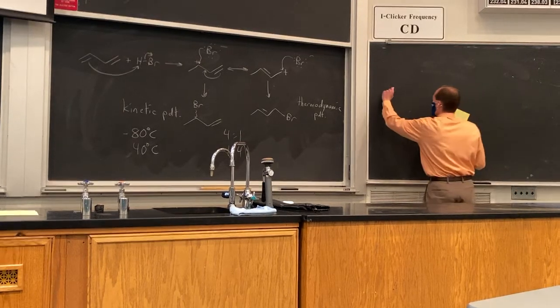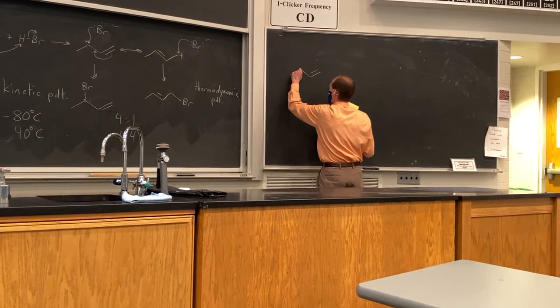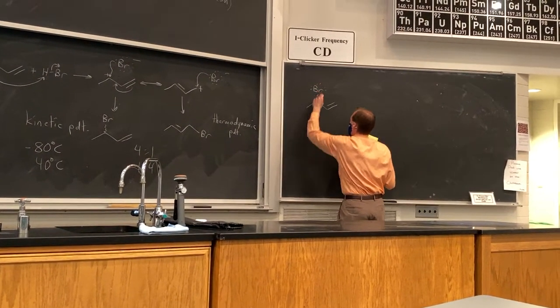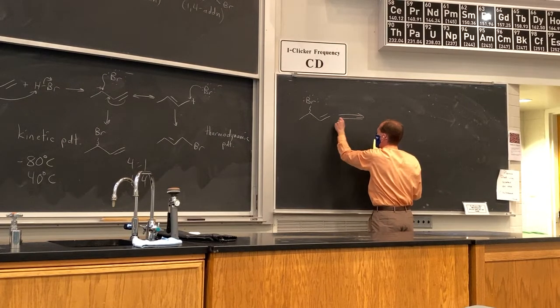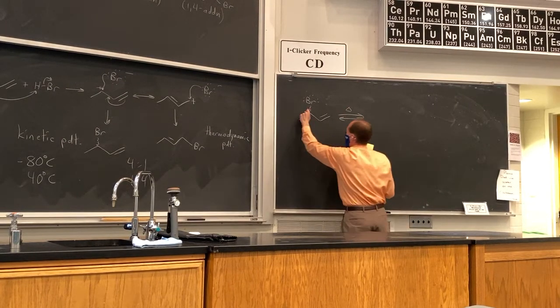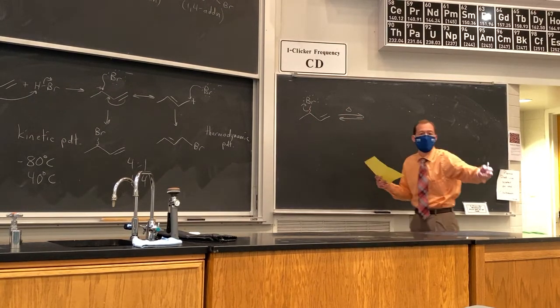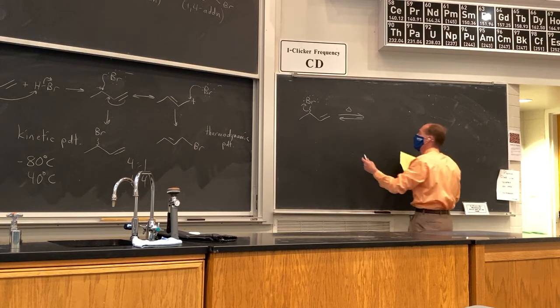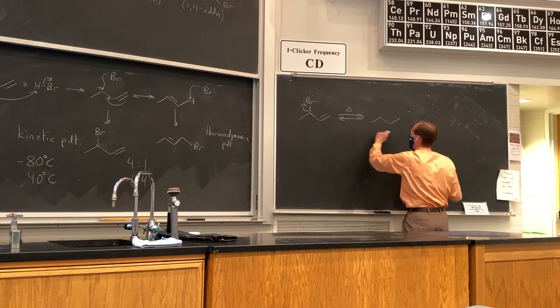How does that happen? Well, we know that with the energy available from heat, we're able to cleave carbon-bromine bonds and generate carbocations. That happens in SN1 reactions. That happens in E1 reactions.